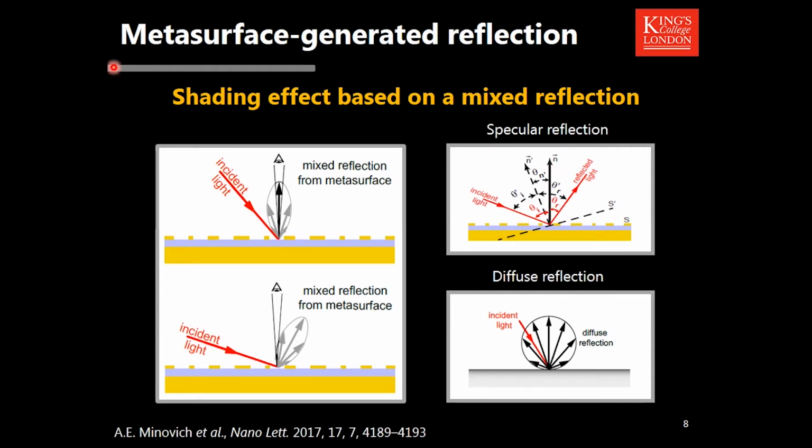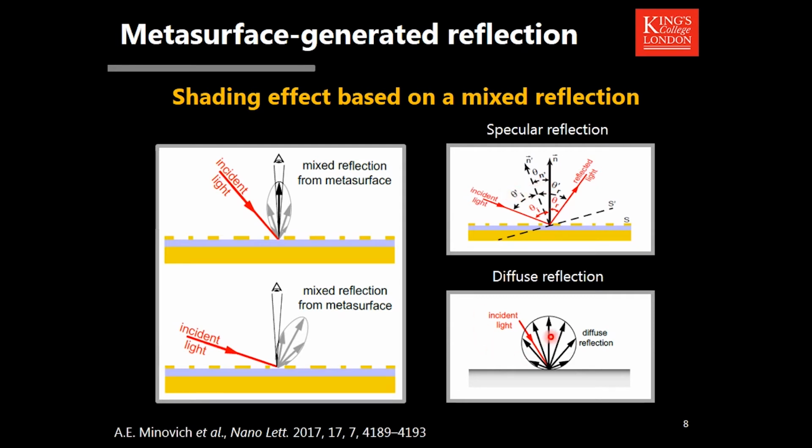So the practical realization of shading effects with a metasurface is based on a mixed reflection, which essentially combines a specular reflection for the control of the reflection angle, and which is governed by the generalized Snell's law. It is here designed to reflect towards the observer the light incident in the direction of a normal vector of the respective cube face, in analogy to the normal mapping technique that I presented earlier.